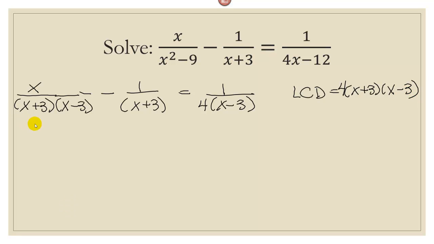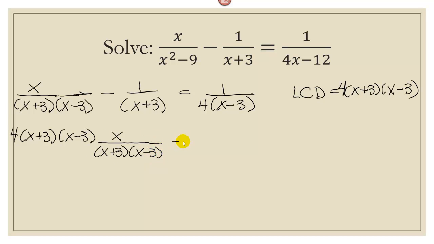Okay, so now let's multiply both sides by that 4 times x plus 3 times x minus 3. That's the same thing as multiplying each term by that. So in other words, I'm going to multiply the first fraction by that, the second fraction by it, and then the fraction on the other side as well. So let's do that. So we have 4 times x plus 3 times x minus 3 times our first fraction, minus, and this is the same thing as if we were to distribute.